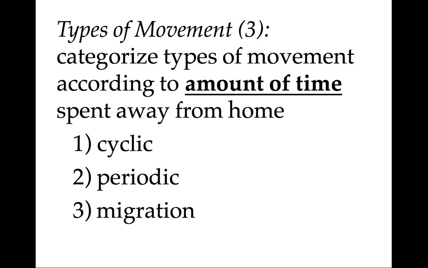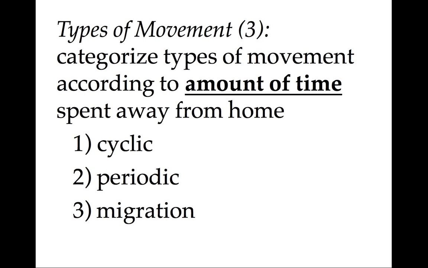So there are three different types of movement, and these are categorized according to the amount of time you spent away from your home. So the first type is cyclic movement, and in your textbook, Rubenstein calls it circulation movement, but it's the same thing. The key word in cyclic movement is cycle.